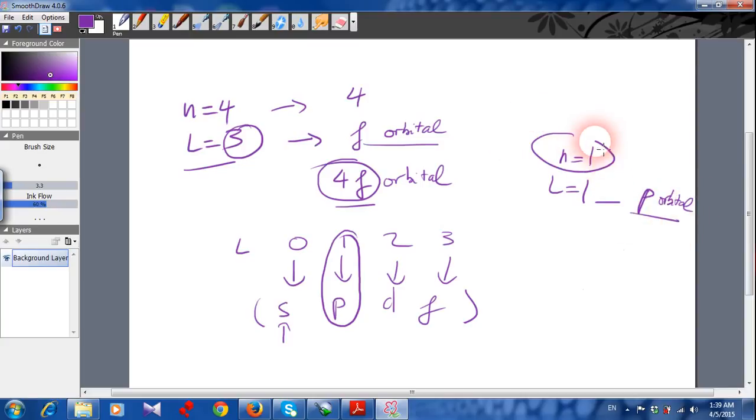But with n equal to 1, we don't have p orbital. l needs to begin from 0, so l is 0 here and 1 is the l, and this is ml.